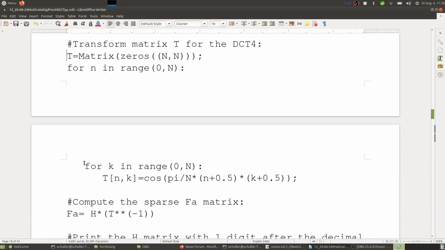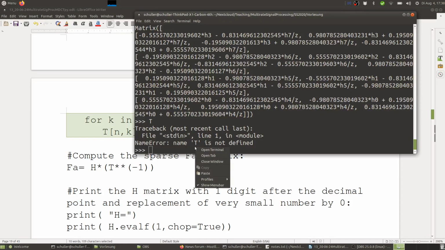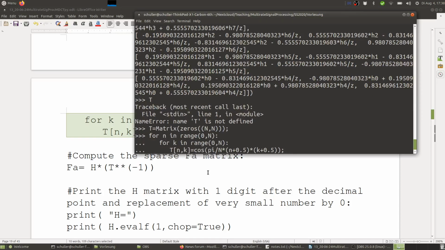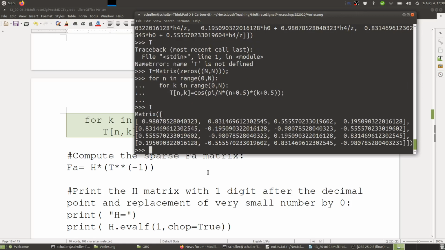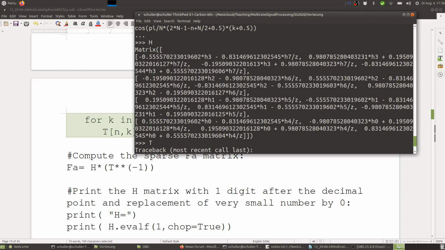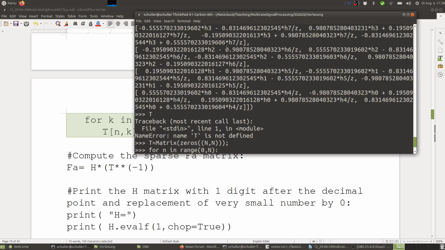So here now we have the t, copy. So here we have the t. So here we have those numbers, which you can also find here. For instance, here this 0.98, here we have this 0.8. So these numbers here come from our cosine terms, and that's why it looks a little bit messy.